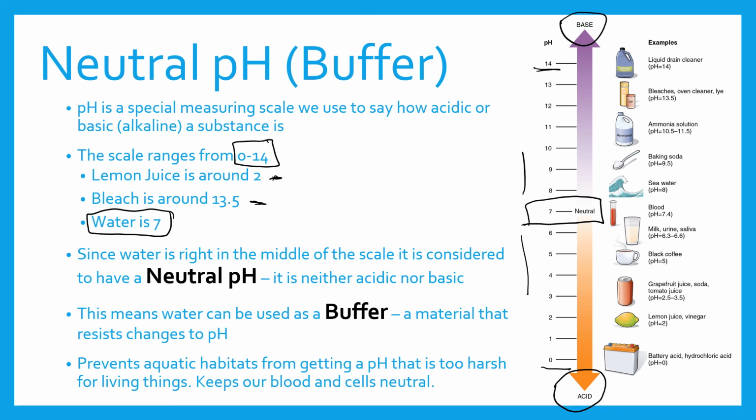It's going to keep that mixture more neutral, which is great for life, because we don't want to be adding things to our cells, like our food particles to get energy, and end up having our cells all of a sudden become too acidic or too basic. We don't want to have some molecules dissolve into a pond and turn it acidic so all the plants and animals die. So the fact that water is a buffer allows life to exist.